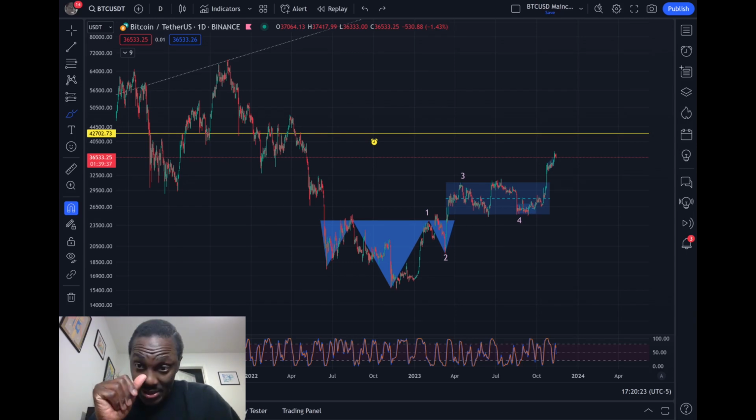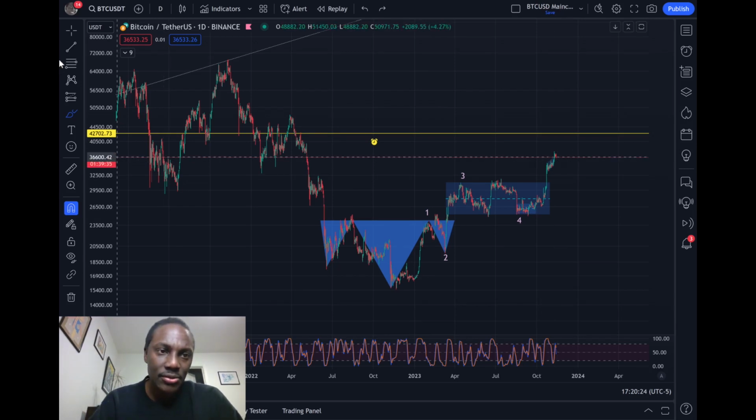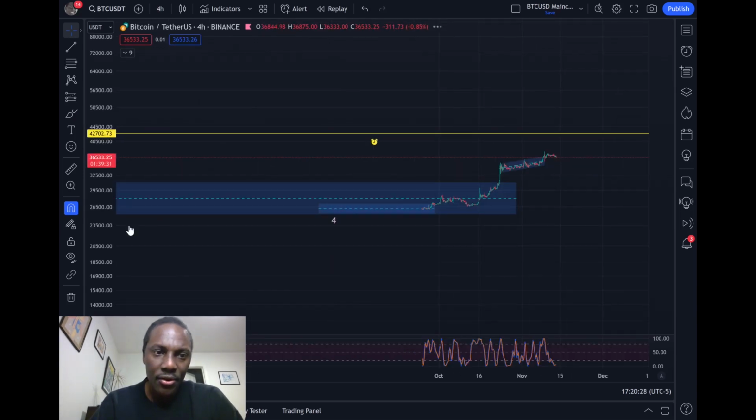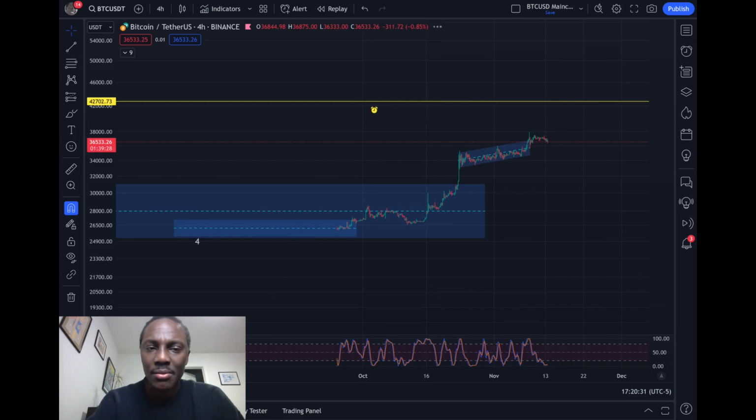Okay, so the third, I think we're on 3, right? The third and last reason, okay, and now let's zoom back in on the 4-hourly time frame. The third and final reason kind of ties in with reason number 1.